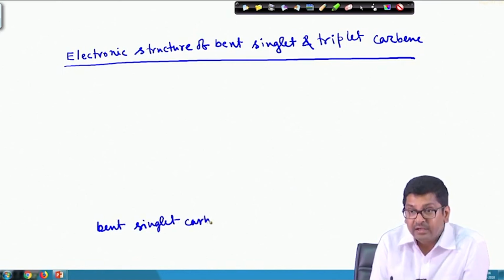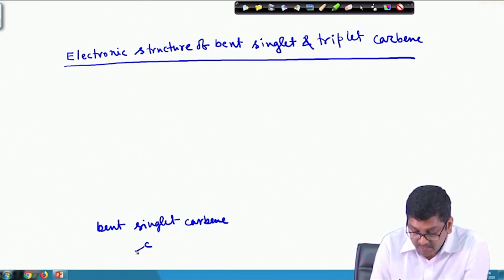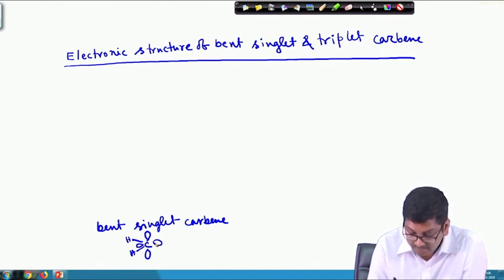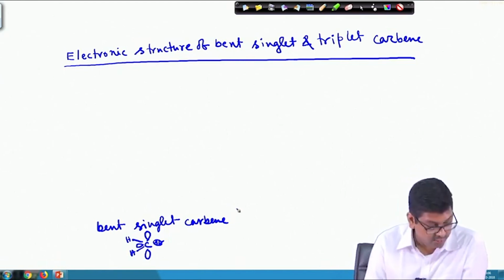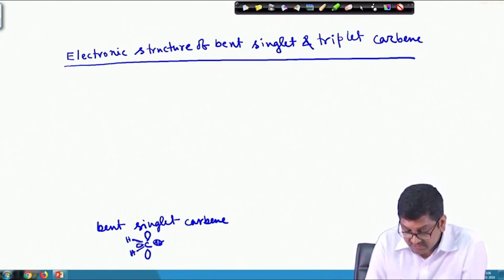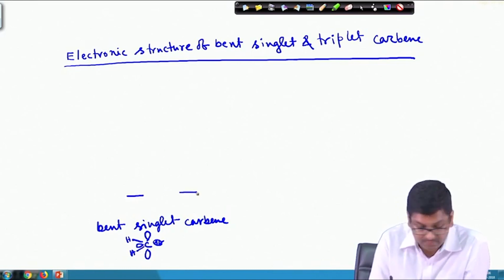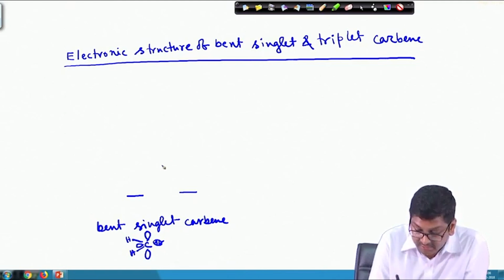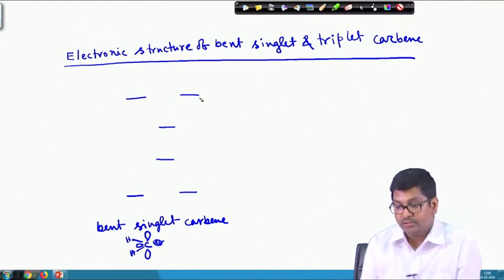So, first we will draw this bent singlet carbene, I am just drawing it this way. If we draw it, first they have these bonding orbitals, and this non-bonding.